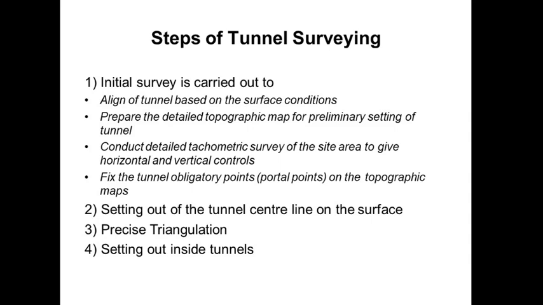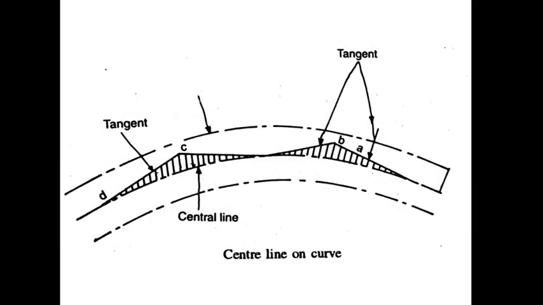First, the initial survey in which we collect the data, then setting out the tunnel center line on the surface, then the triangulation survey, and finally setting out inside the tunnel. The data collected are the alignment of the tunnel according to surface condition, the detailed topographic map, the horizontal and vertical control using tachometric survey, and finally the obligatory points.